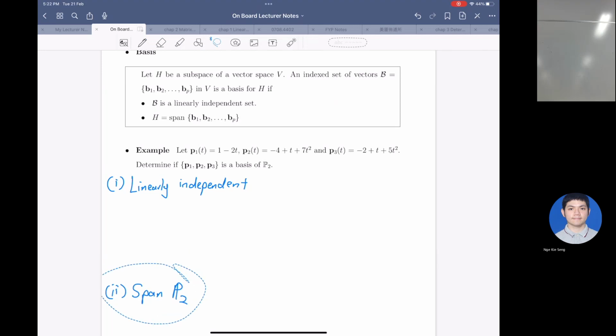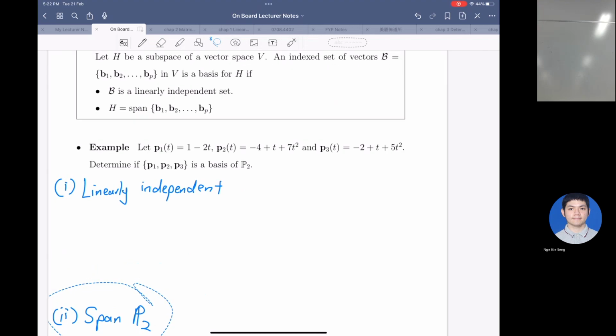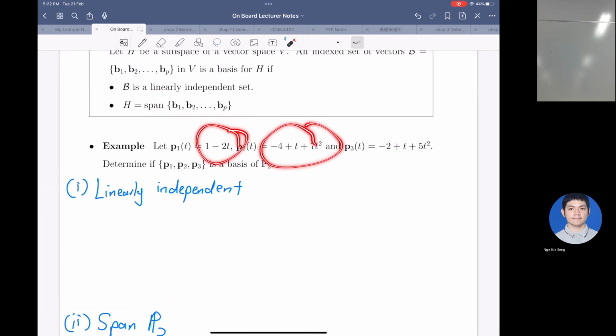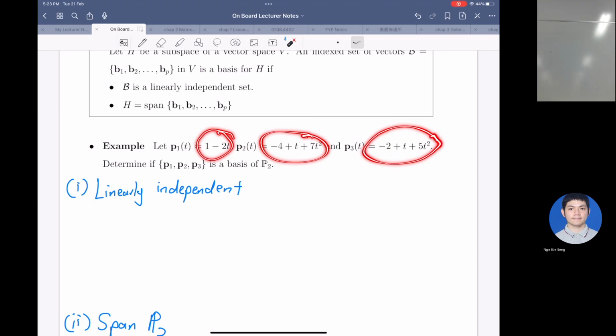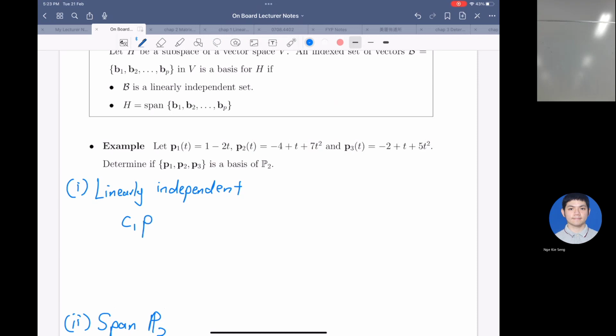First check: are these elements in P2? Yes, because they are all polynomials of at most degree 2, so they are in P2. Then linear independence: look at C1 times P1 plus C2 times P2 plus C3 times P3 equal to 0. You want to solve this vector equation again.